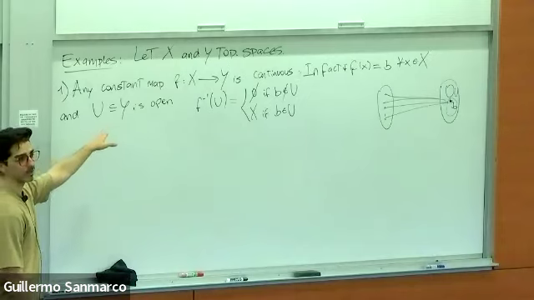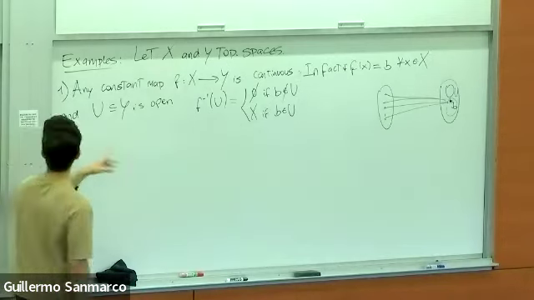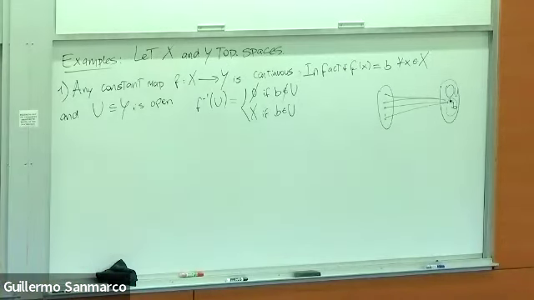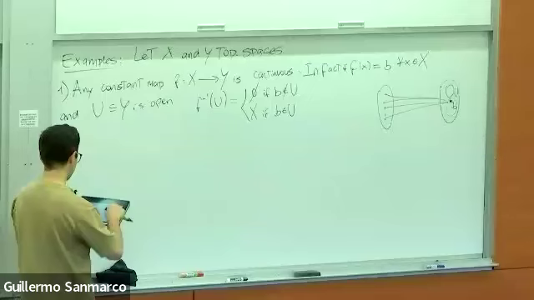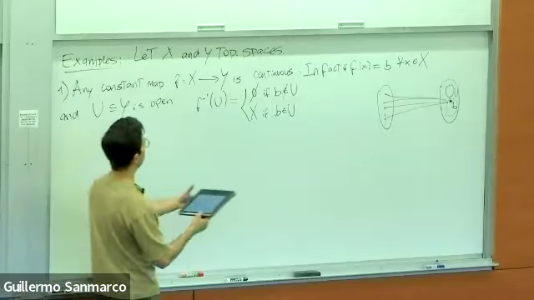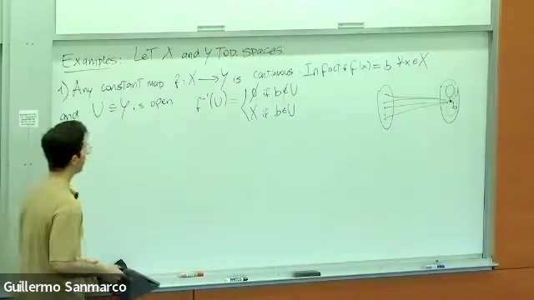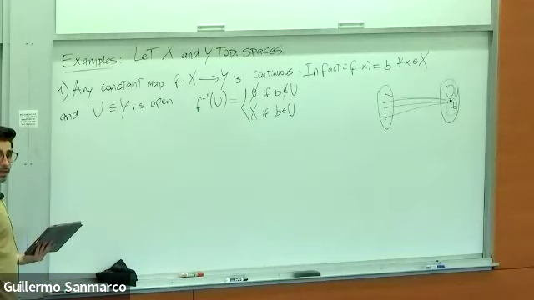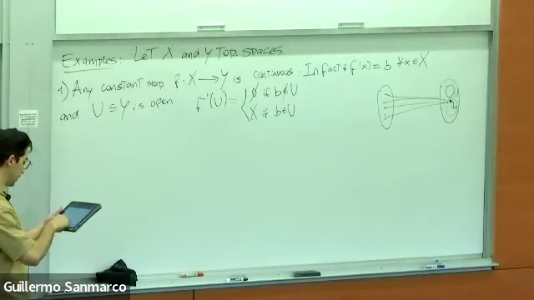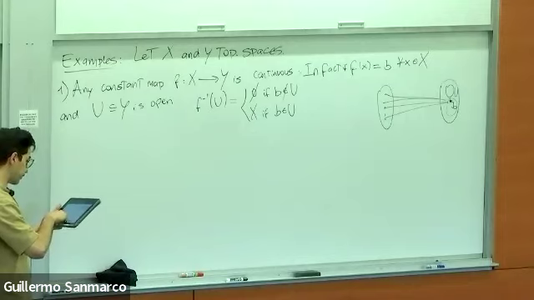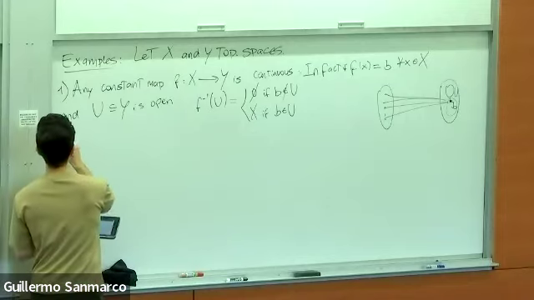That's exactly what's happening here. Your V can be either the entire space or empty. So if your U contains B, you can take any delta. So that's the first family of examples.